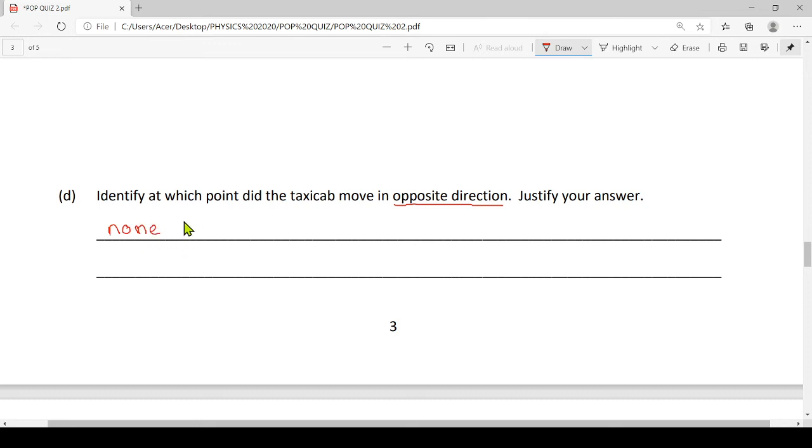Okay, why? Because there is no negative velocity. Alright, because the velocity is always positive.